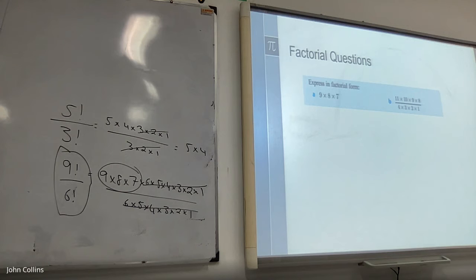They could, if the question didn't ask it, express in factorial form only. So can you theoretically do 11 factorial divided by 7 factorial divided by 4 factorial? Yeah, you could, but I wouldn't write it like that. I know what you're thinking. You're thinking the right thing, but you've written it where you're ending up multiplying by the 11 factorial.